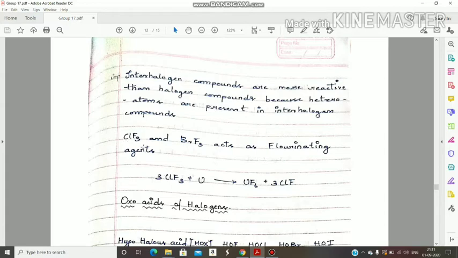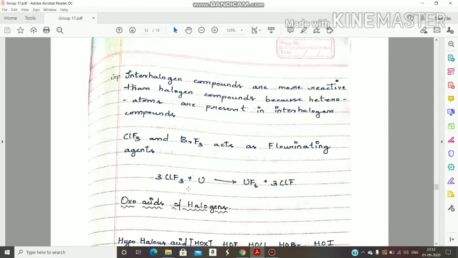Here one important point is that when ClF3 and BrF3 react with any other substance, they liberate their fluorine. For example, ClF3 reacts with uranium, then uranium hexafluoride will be formed.